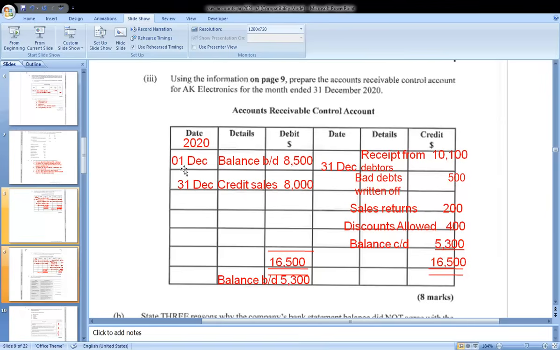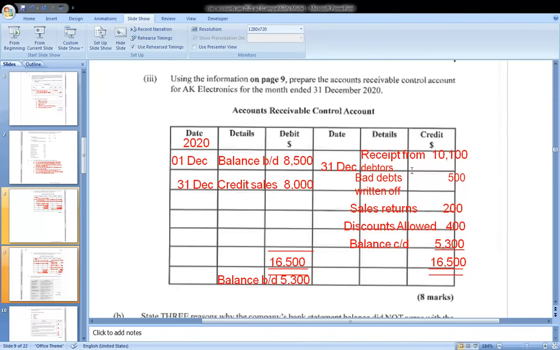You have your year 2020, and on the 31st of December, they gave us credit sales of 8,000, and our balance brought down was 8,500 on the 1st of December.